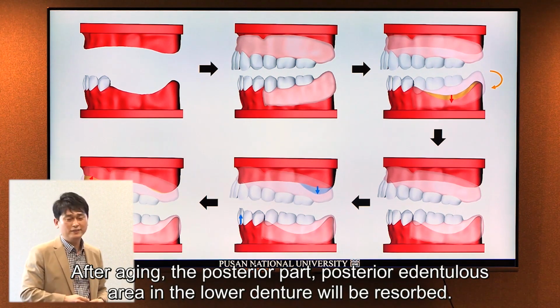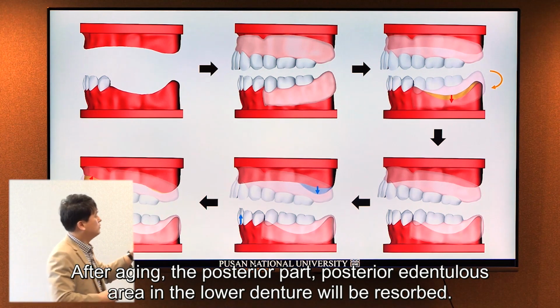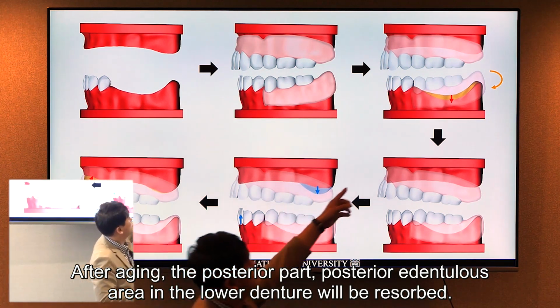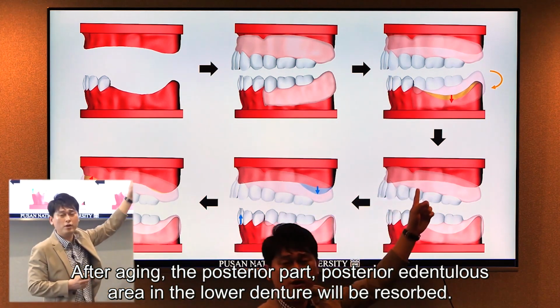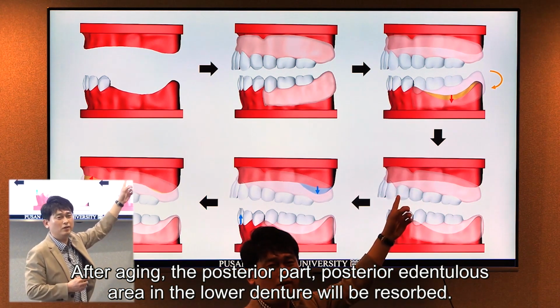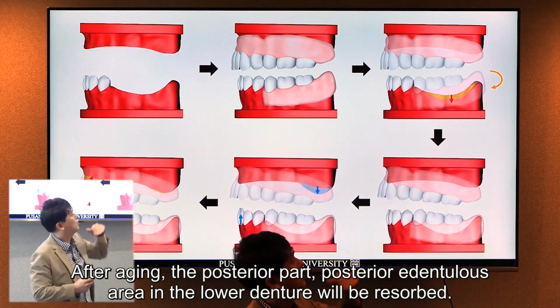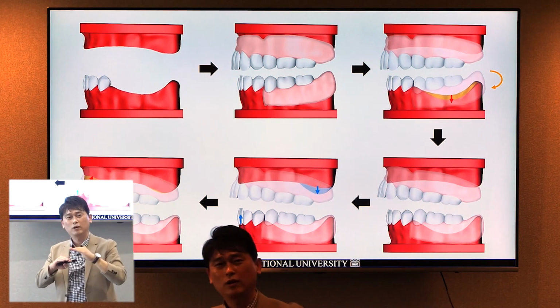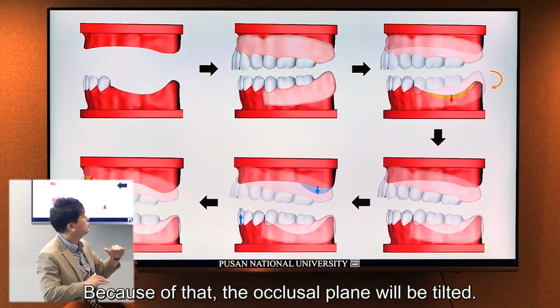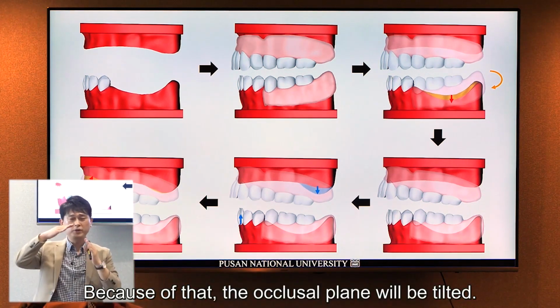After aging, the posterior edentulous area under the lower denture will resorb the bone. Because of that, the occlusal plane will be tilted.